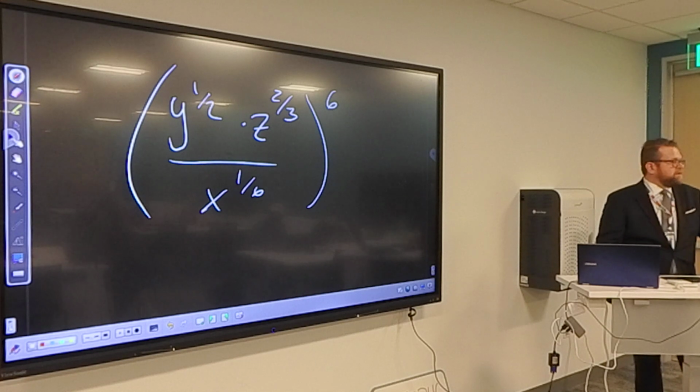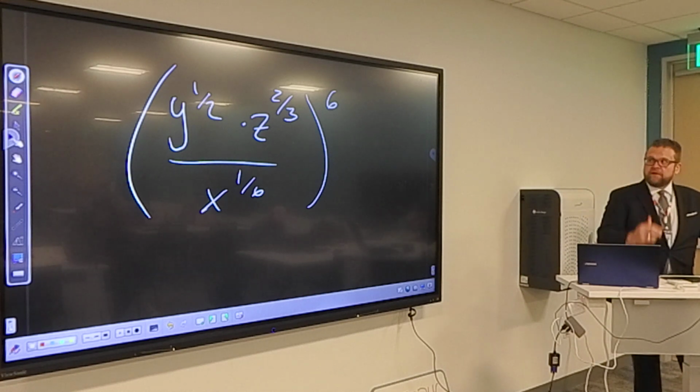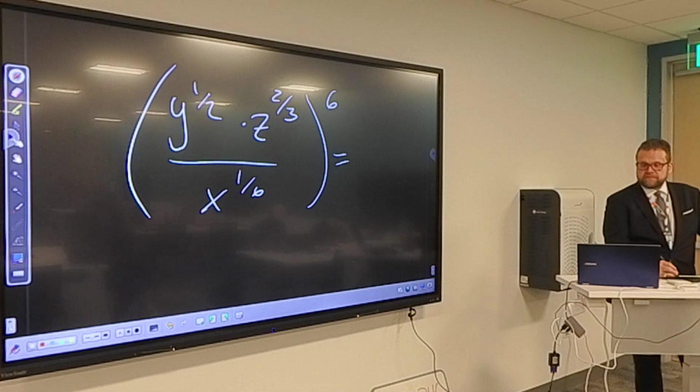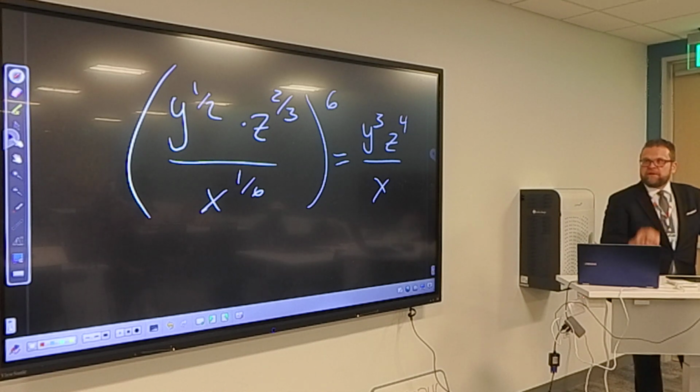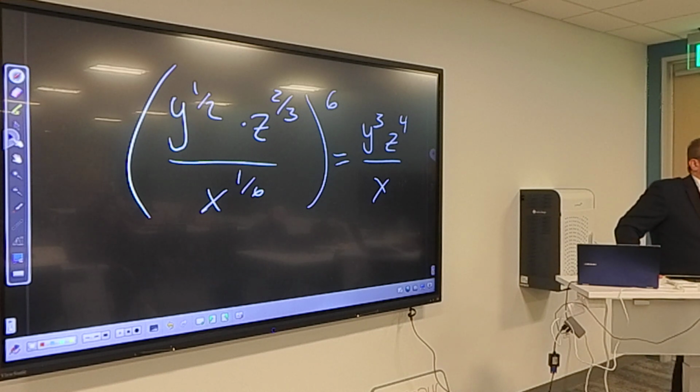It works just the same way: 6 times 1/2, that's 3. 2/3 times 6, that's 4. And then it's over x. So you will see a problem that's something like this on the midterm.